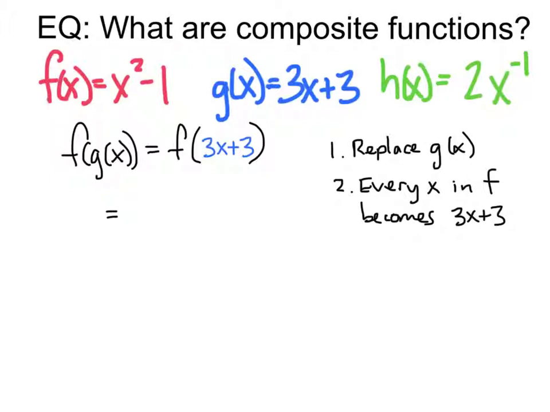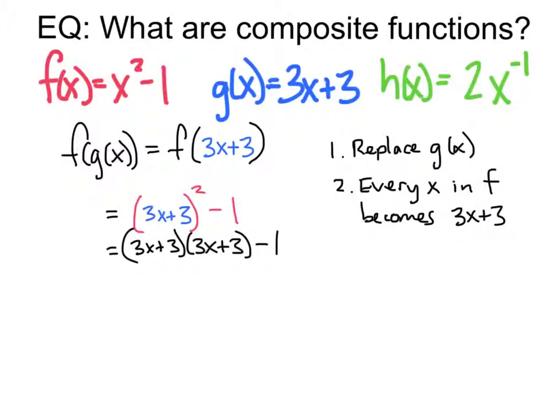So I have equals, it used to be x squared minus 1. But now what's being squared? 3x plus 3. Okay, now to evaluate that, I'm going to have to actually square that. So that's 3x plus 3 times 3x plus 3 minus 1.